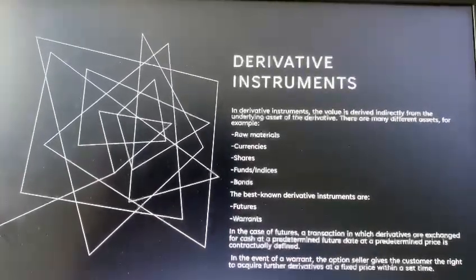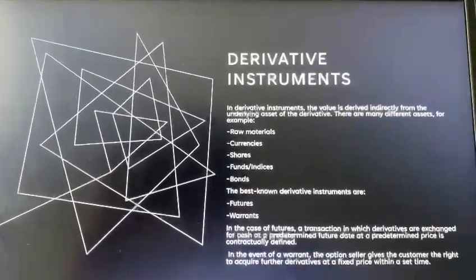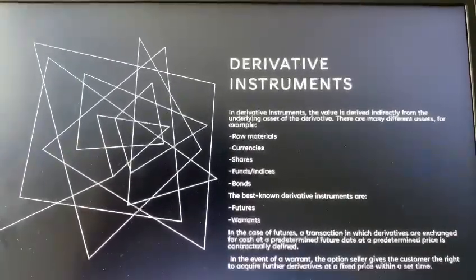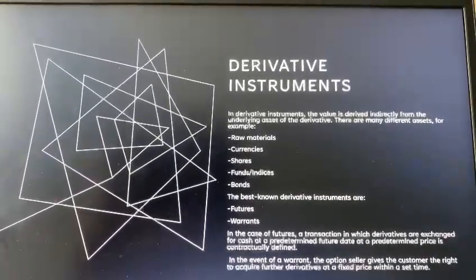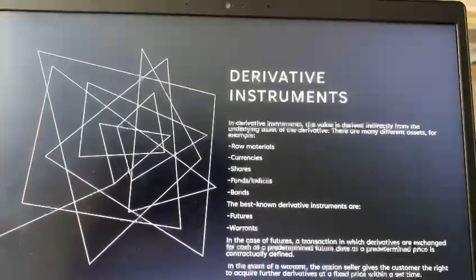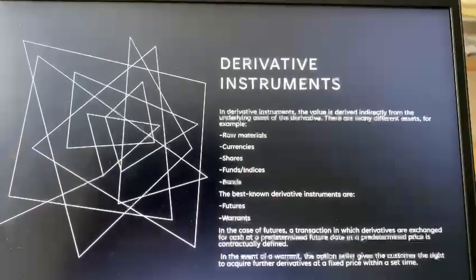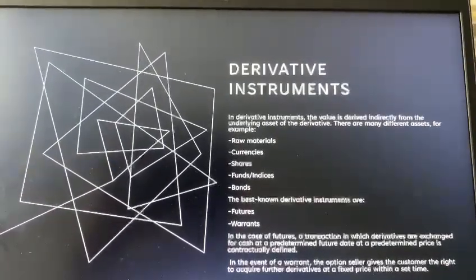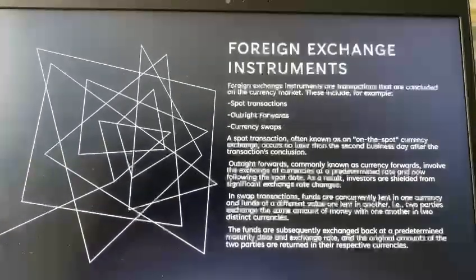In the case of futures, a transaction in which derivatives are exchanged for cash at a predetermined future date at a predetermined price is contractually defined. In the event of the warrant, the option seller gives the customer the right to acquire further derivatives at a fixed price within the set time.